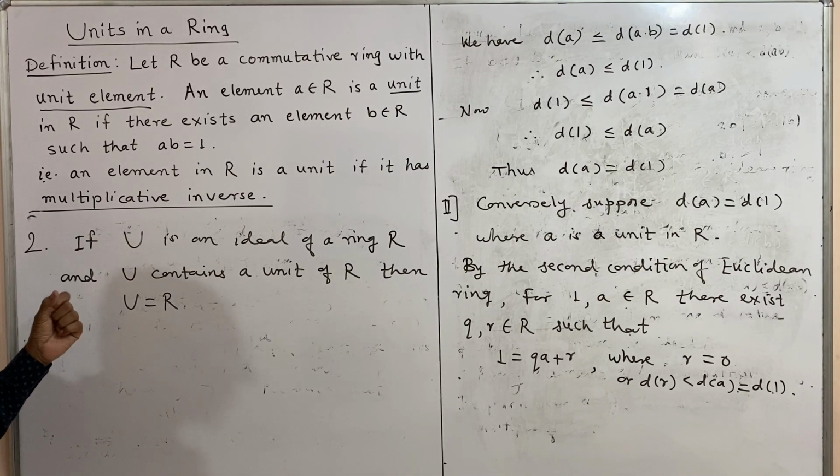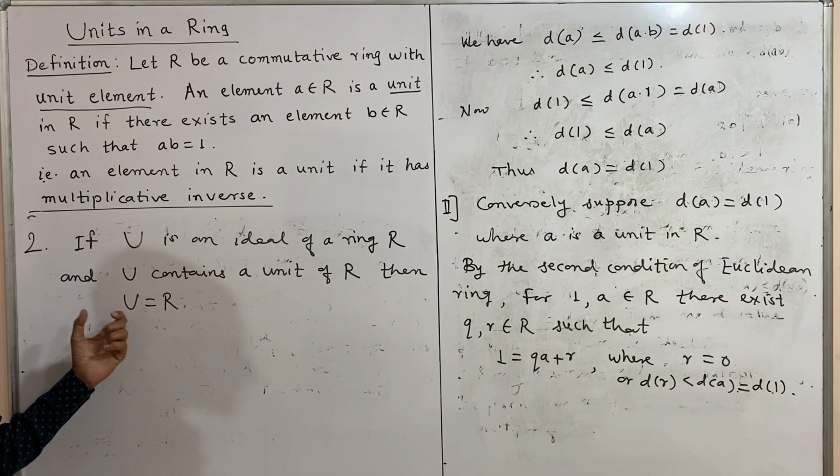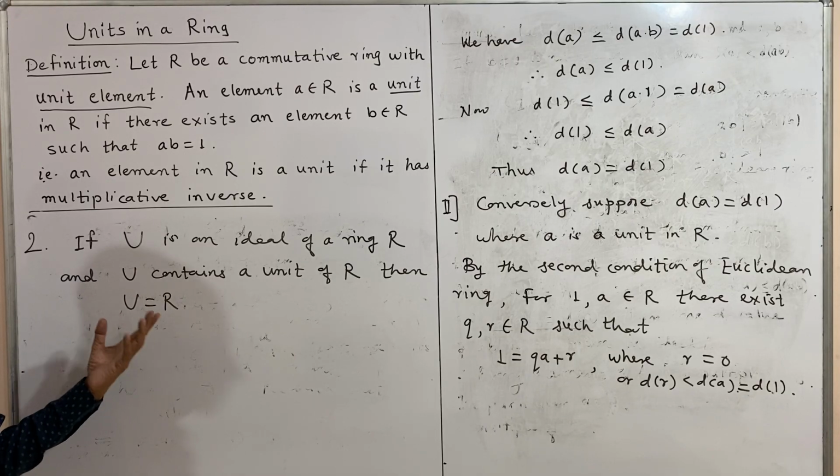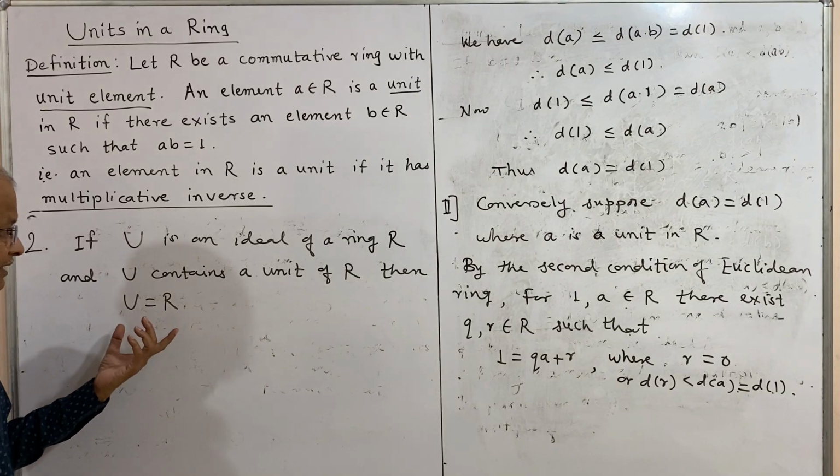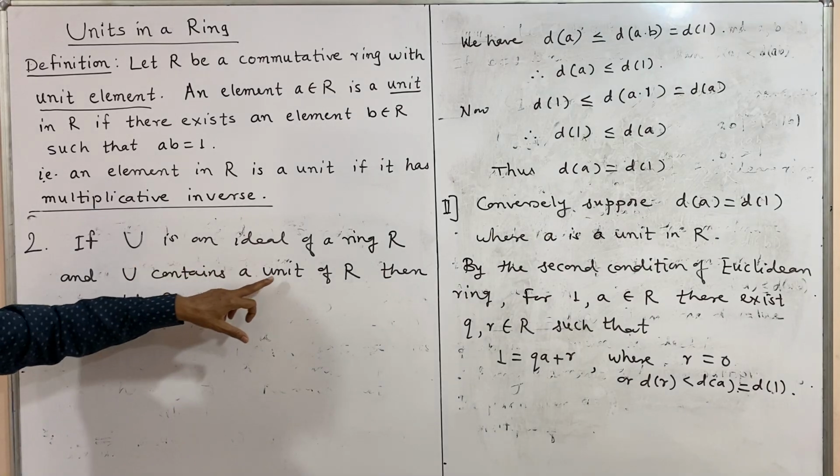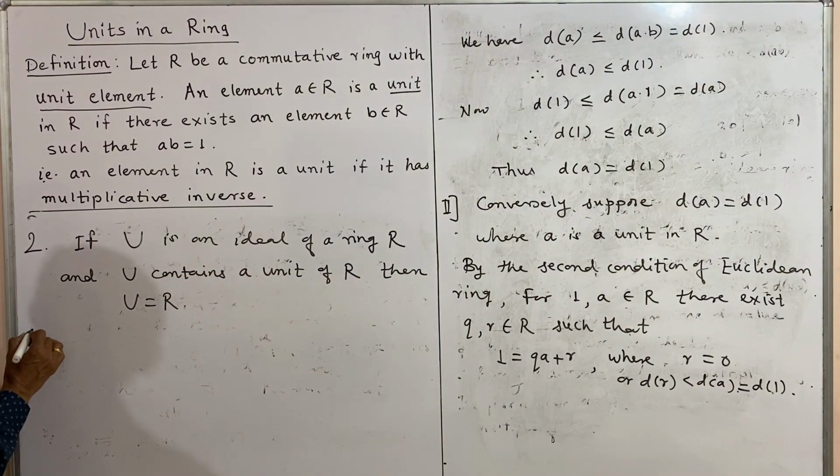If the unit element belongs to the ideal, then the ideal is equal to the whole ring, and instead of the unit element, here it is a unit. So the proof is simple.